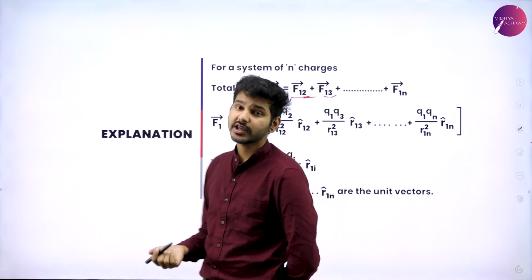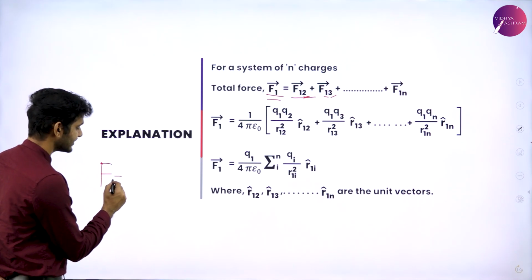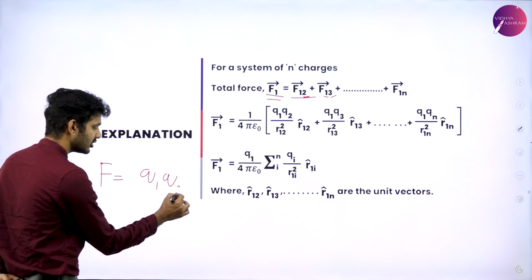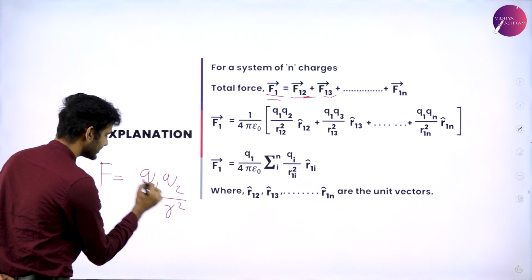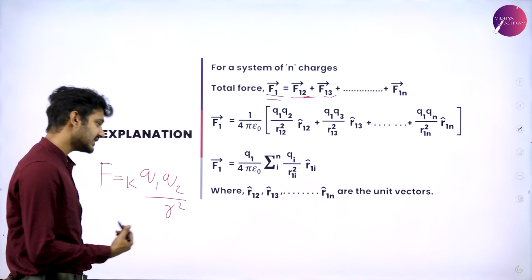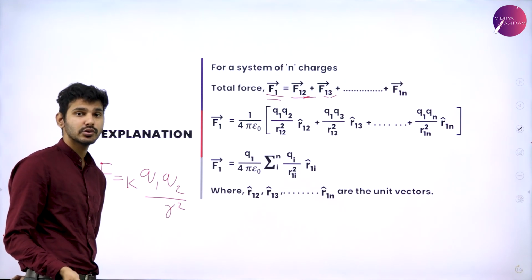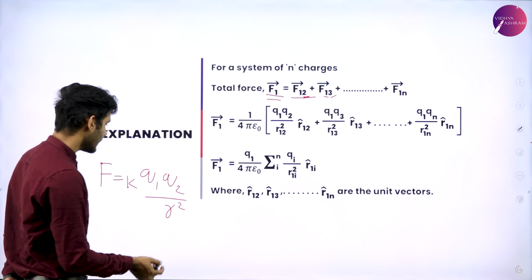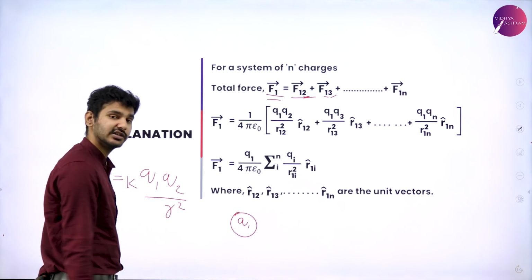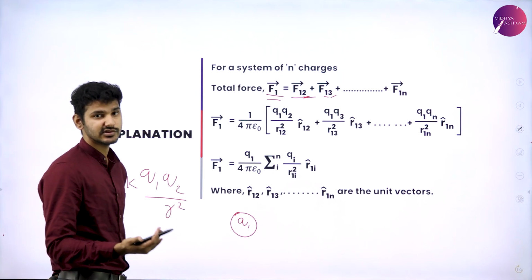And we already know that by Coulomb's law, the force experienced by charges will be equal to K into Q1 Q2 divided by R square. In this case, it is not just two charges, but a system of charges. So we know that Q1 is the one experiencing all the forces, and we are going to calculate it individually.